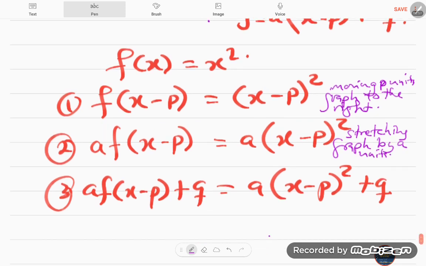And the last one, because it's a plus q outside of our brackets, means that we are translating our graph q units upwards.